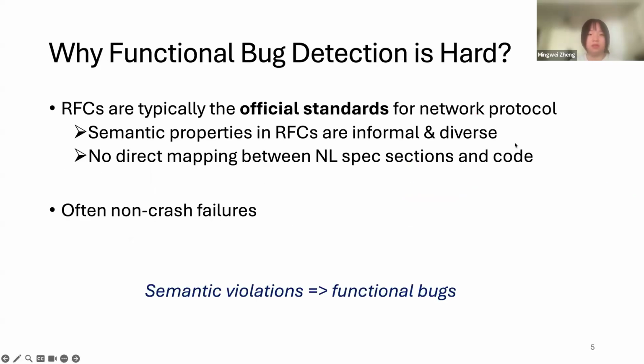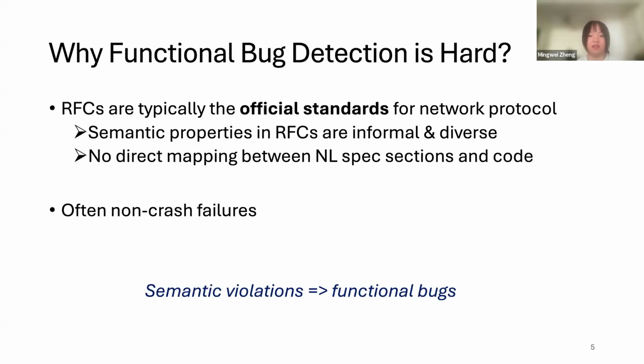There are some possible reasons behind this. Network protocols are typically specified in RFCs, which are natural language documents that serve as the official standards for these protocols. These documents describe semantic properties in very long and informal text, which makes it hard to connect the specification content directly to the implementation.